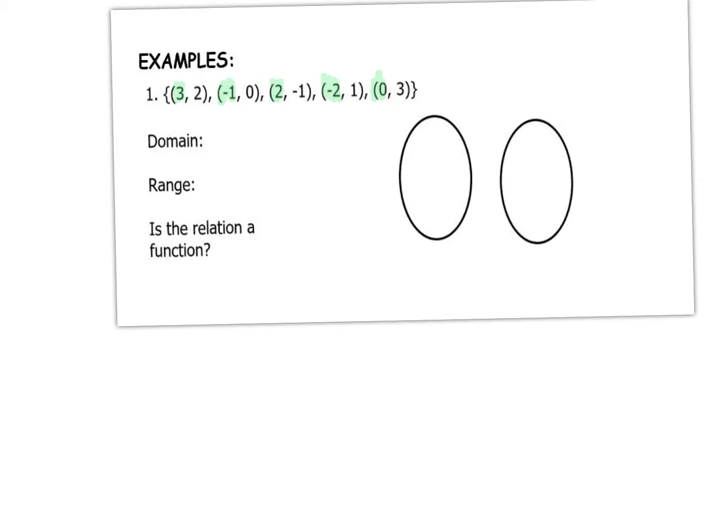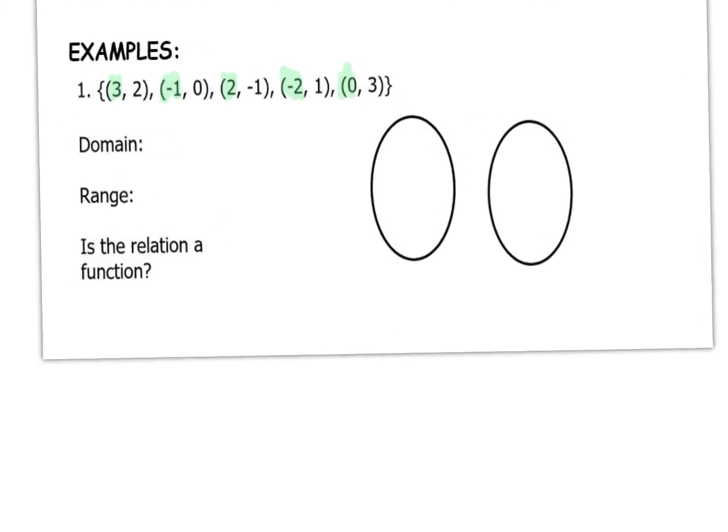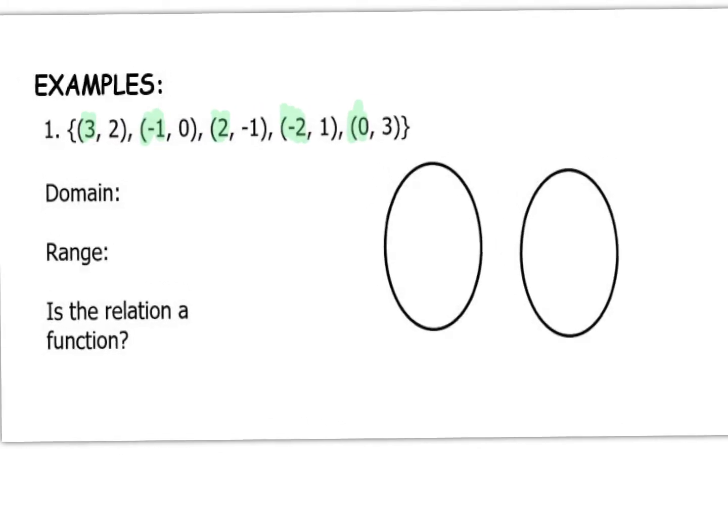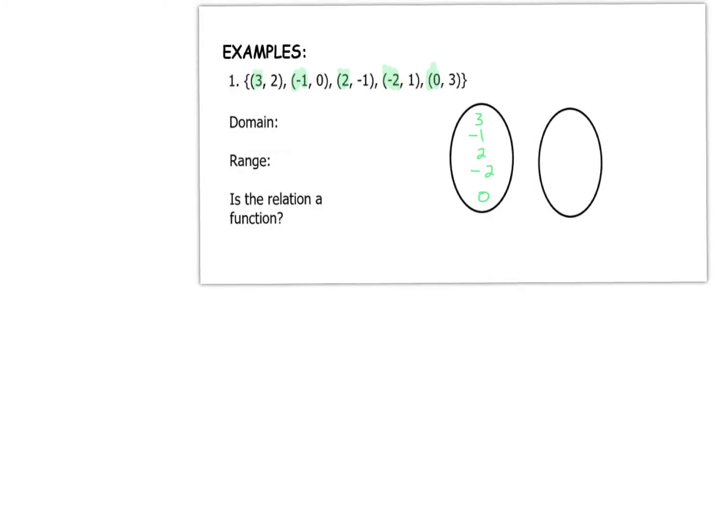If I were doing a mapping of this, as demonstrated here, we're going to have our 3, a -1, a 2, -2, and 0. Now, then we had our range values.